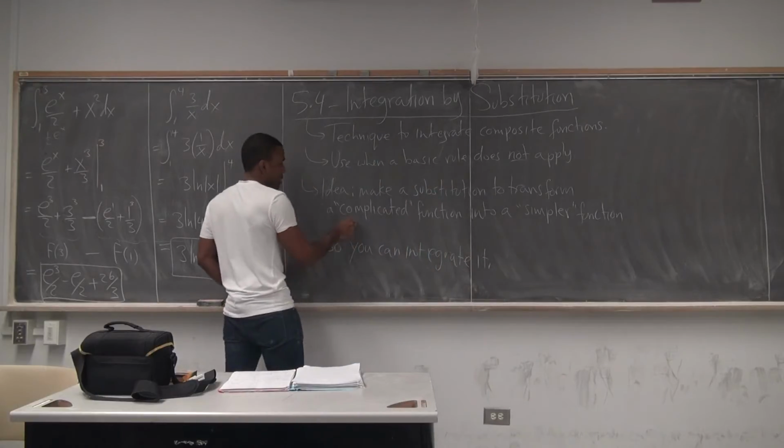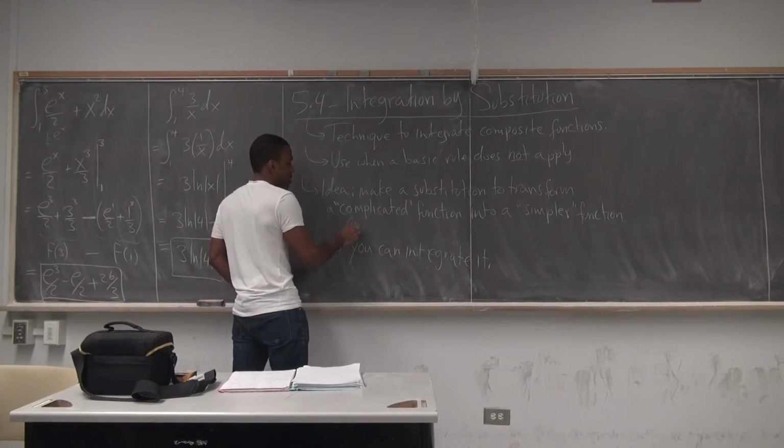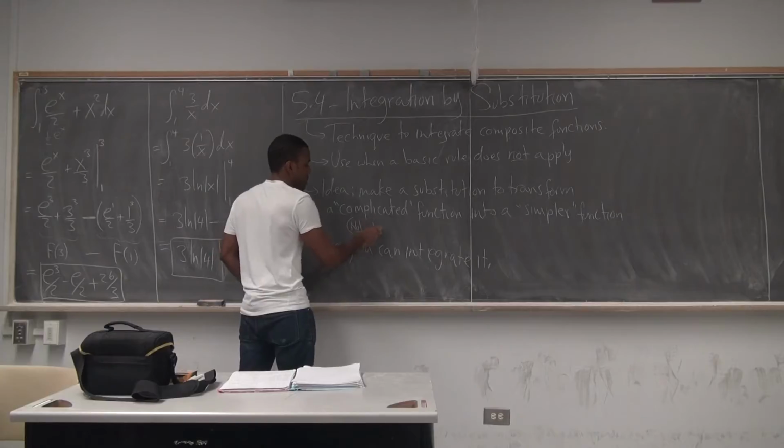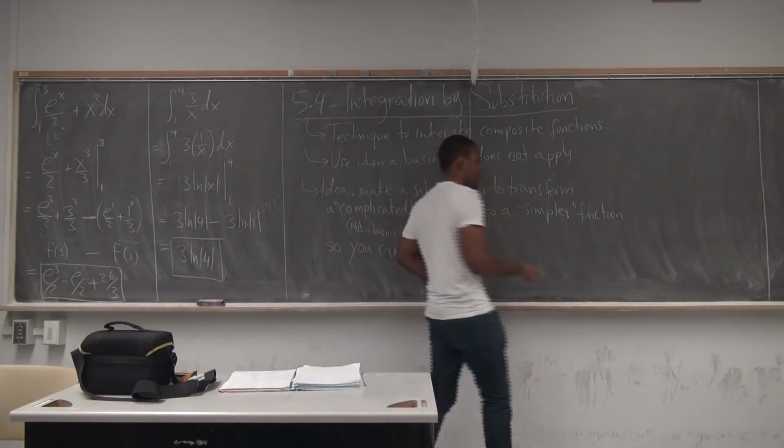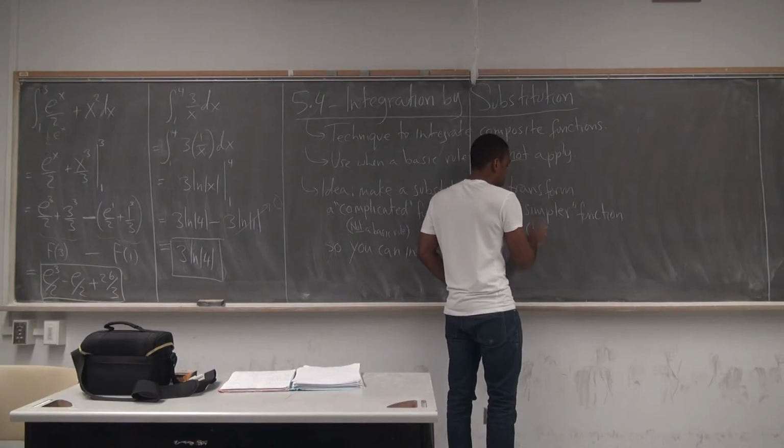Complicated basically means not a basic rule. Simple in this context means looks like a basic rule.